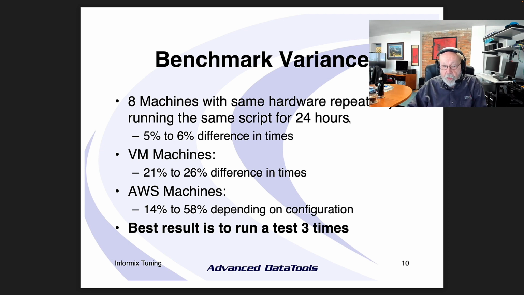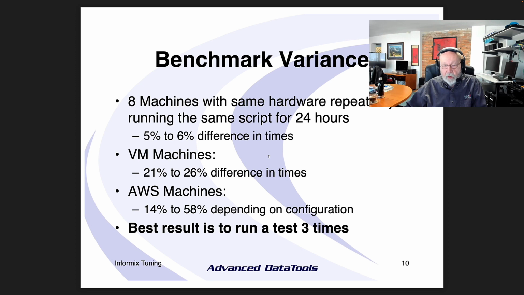Now, on VM machines, that variance is quite a bit higher. Doing the same 8 machines on VM machines, I found a 21 to 26% variance. In AWS, Amazon Cloud, I saw a variance of 14 to 58%, depending on the configuration.